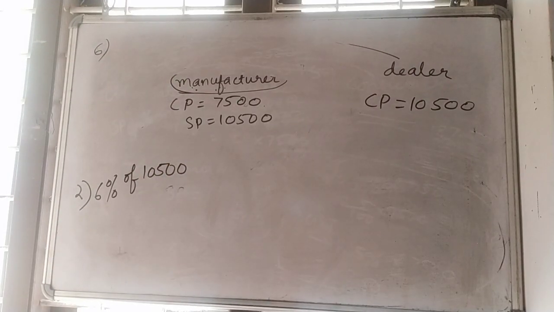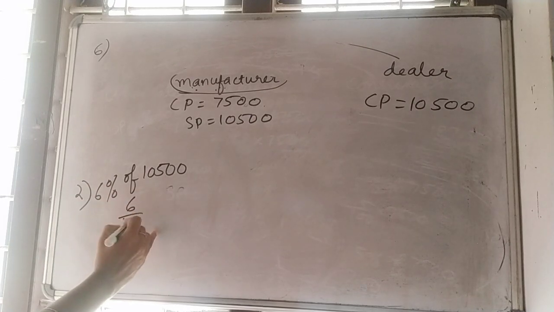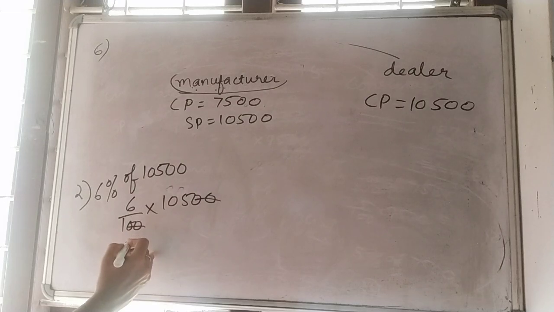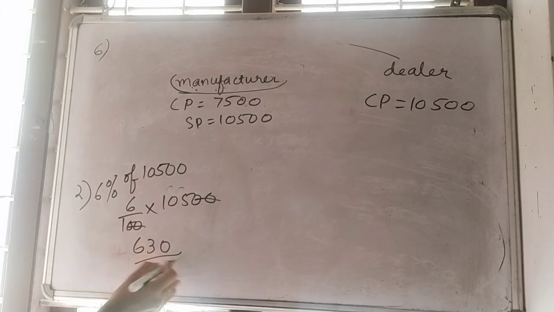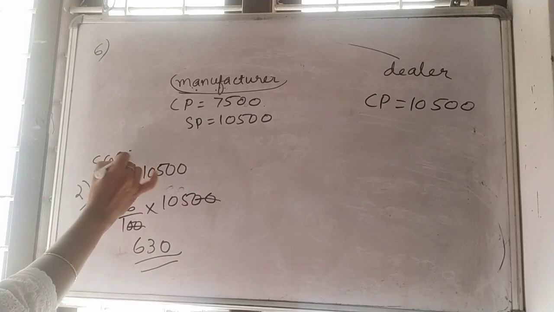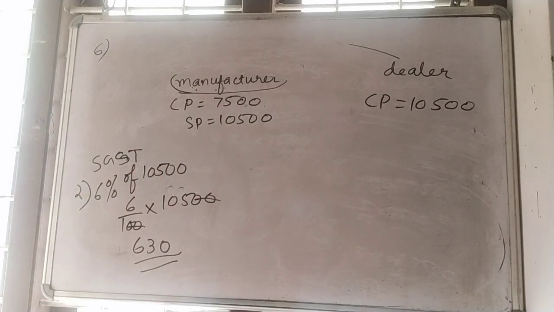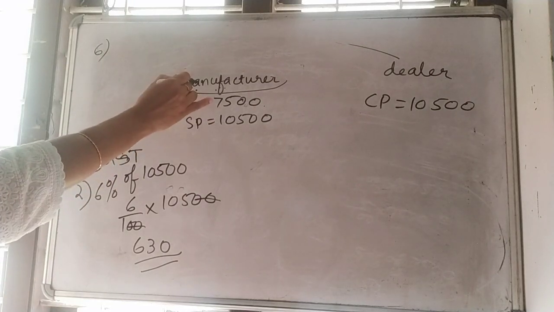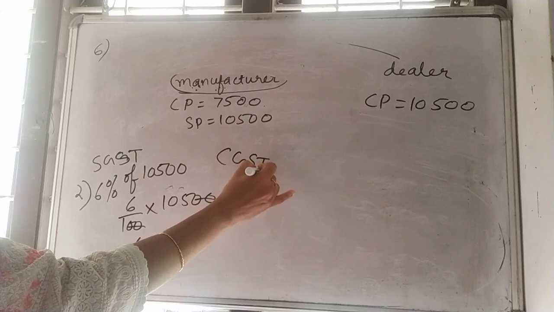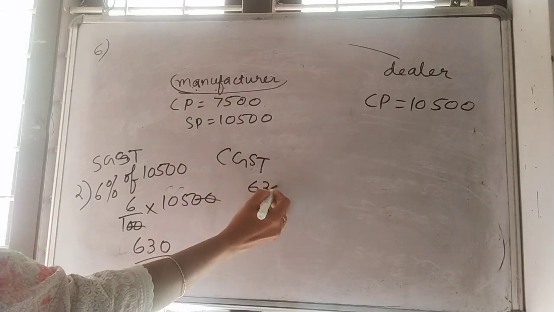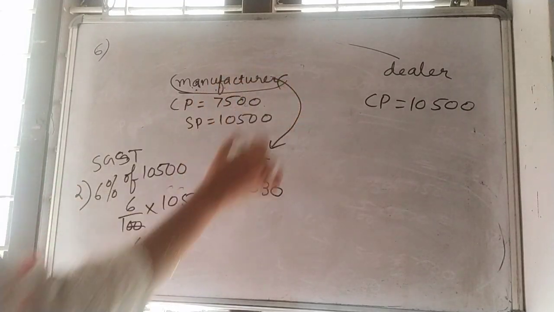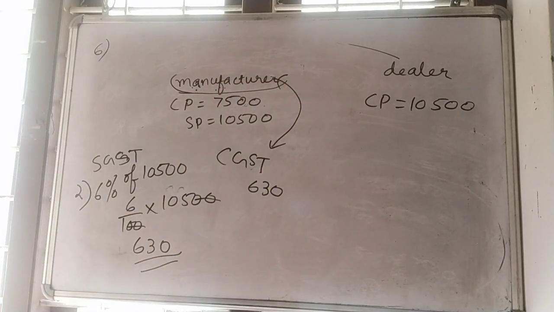So 6% of 10,500 is 6 by 100 into 10,500, which is equal to 630 rupees. That is the SGST collected by the manufacturer. Similarly, CGST collected by the manufacturer will also be 630 rupees.